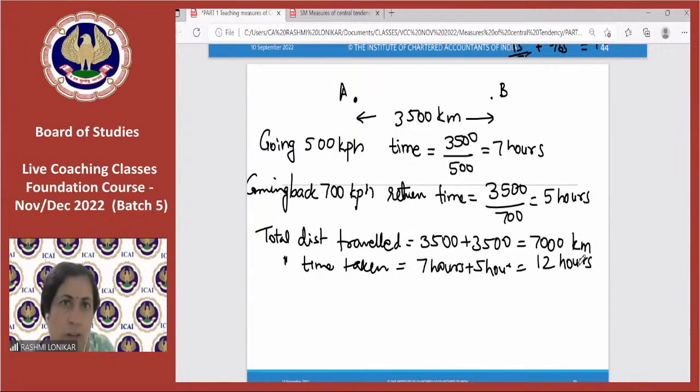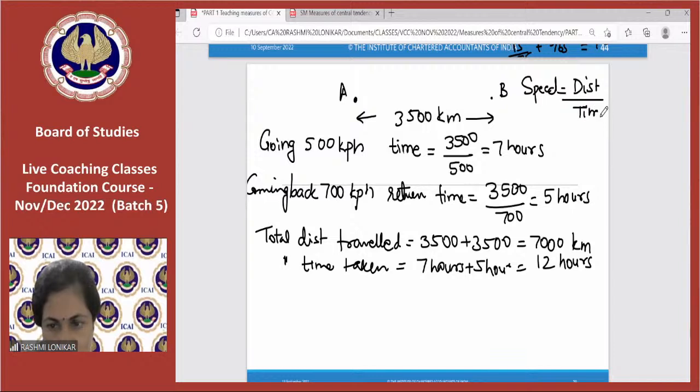Going, I traveled 3,500, coming back, I traveled 3,500. 3,500 is just a number I have taken, okay? So I'm trying to explain why we are not using the normal arithmetic mean, that we take 500 plus 700 upon 2 and that is the average speed. That does not happen because the distance traveled is same but the time taken is different, and we know that speed is equal to distance upon time.